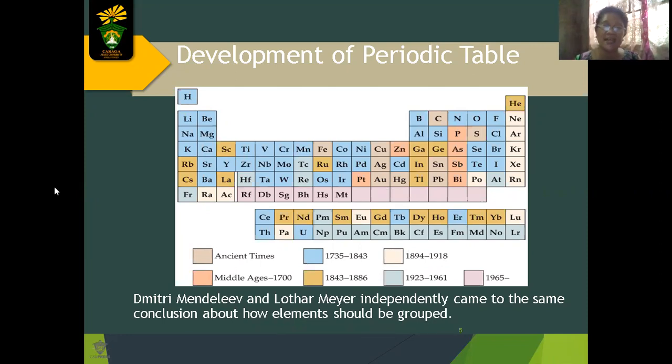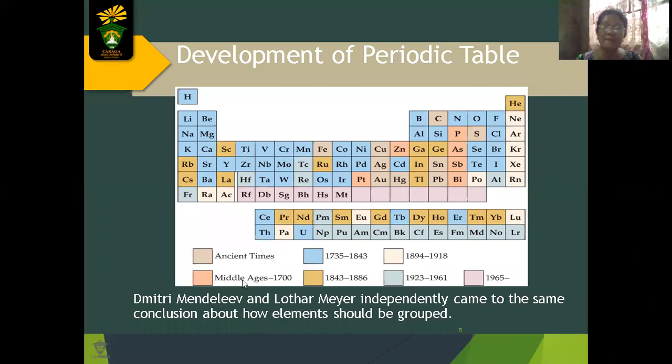For instance, the ancient times are color violet: copper, silver, gold are elements discovered during ancient times. They were discovered a long time ago.